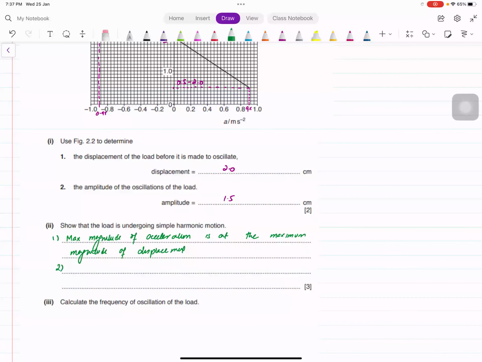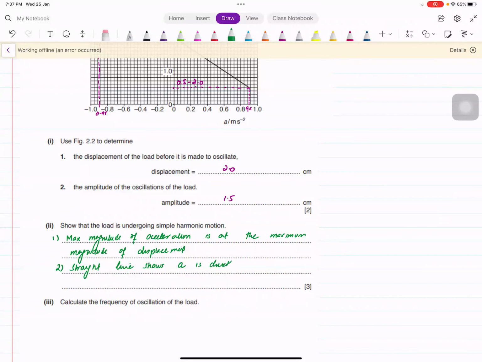Then the other thing is that it is a straight line, which shows acceleration is directly proportional to displacement.